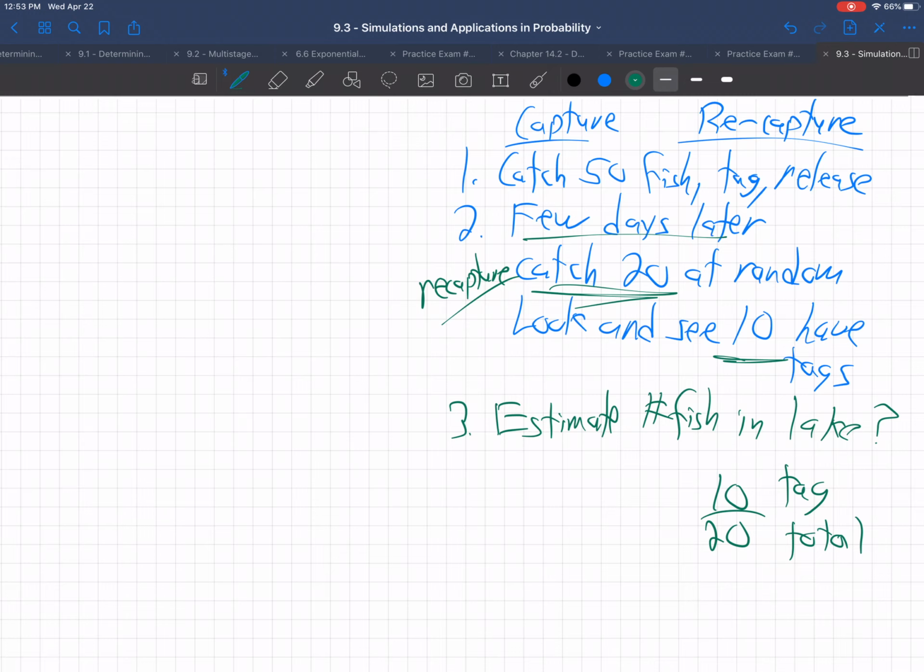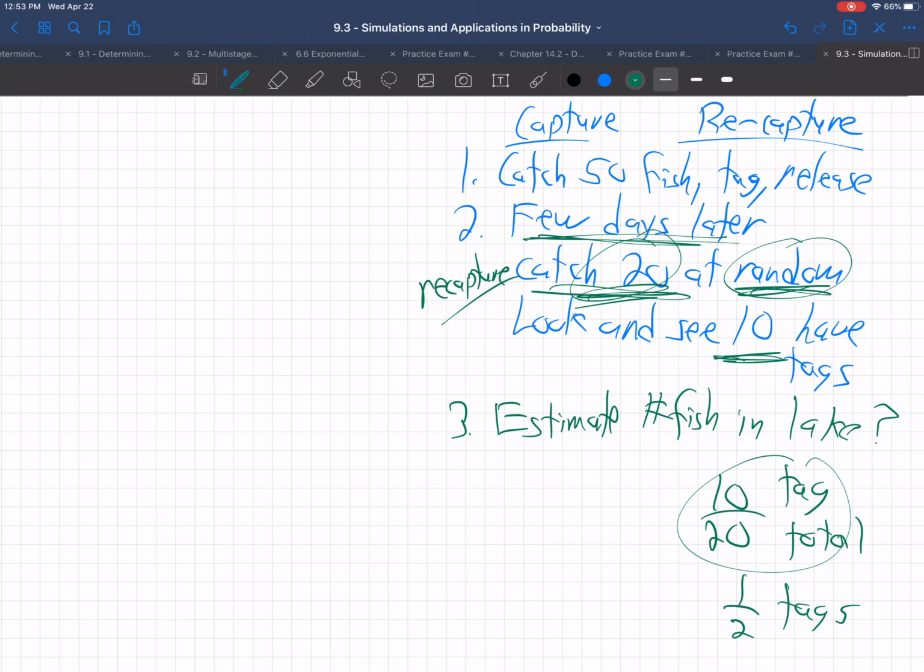So at random, you just threw down a net, you pull up 20 and you notice, hey, look, 10 of them are the fish we tagged a couple days ago. So in our random grab of 20 fish, 10 have tags, 10 out of 20. That's half, right? Half have tags.